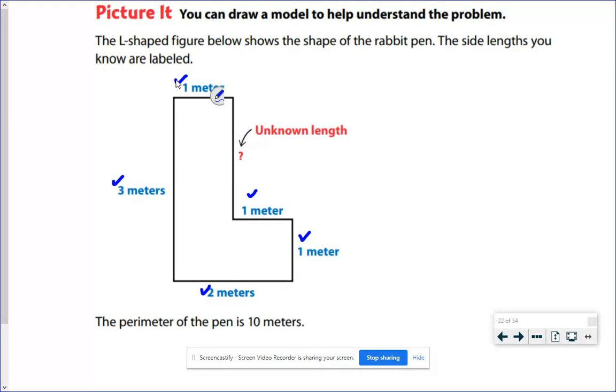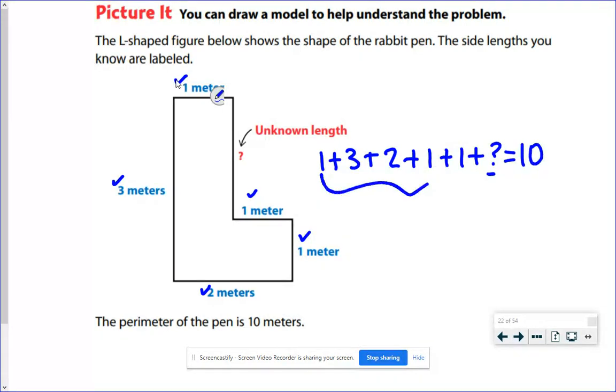You're probably going to see problems written out, showing an addition sentence of what we just did, with a question mark or a letter of the alphabet filling in for the missing part, the part that's not given. Now that we've added all that together, we said it was 8. 8 plus what equals 10? That is 2. So the missing side length of the pen that Willis built is 2 meters.